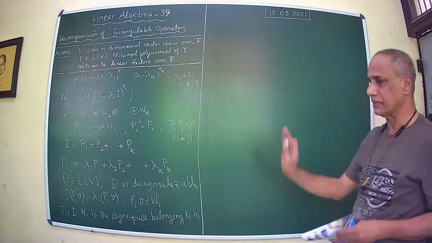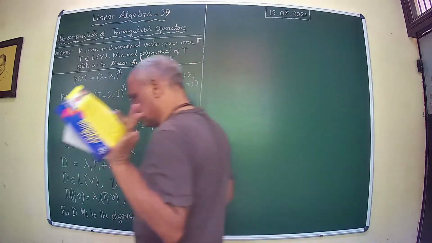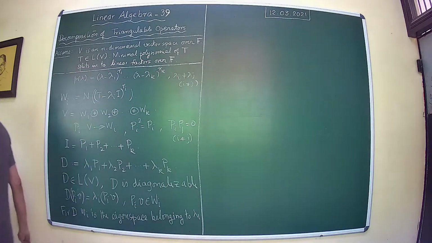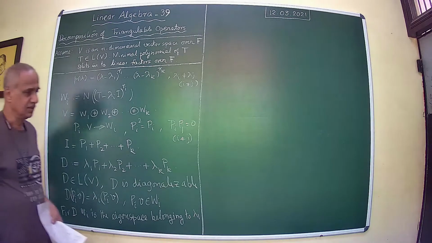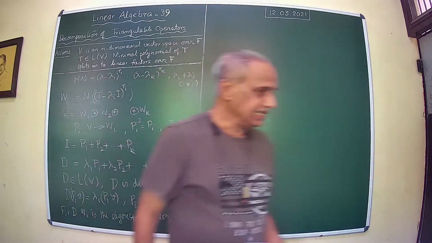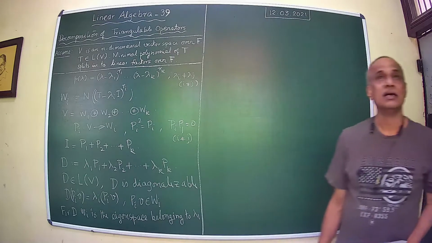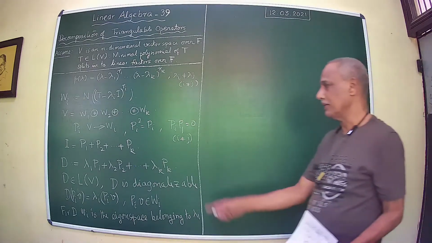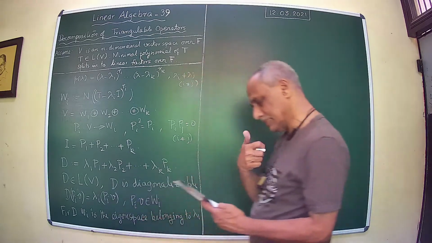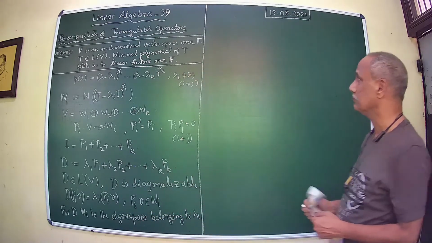So that's the operator. We define an operator for which every vector in Wi is an eigenvector for D belonging to the eigenvalue lambda i. So such an operator. So what we do is just remove it from T.